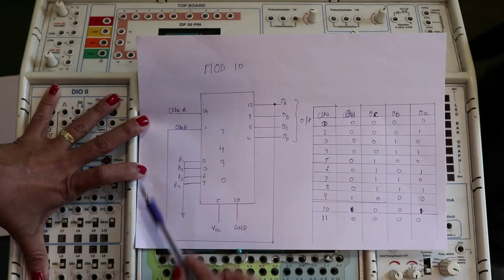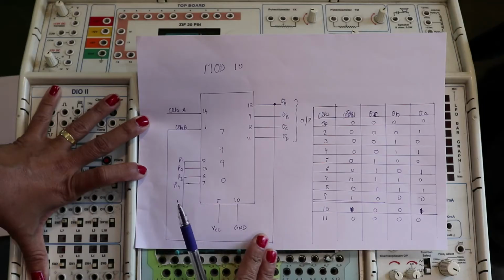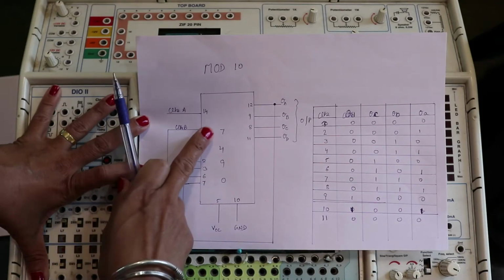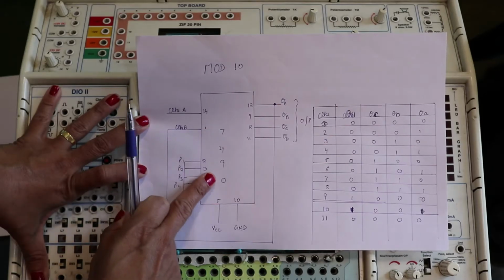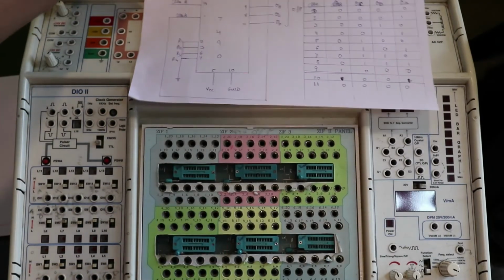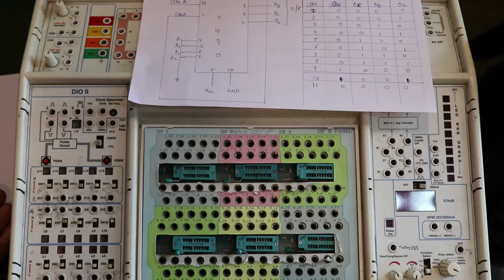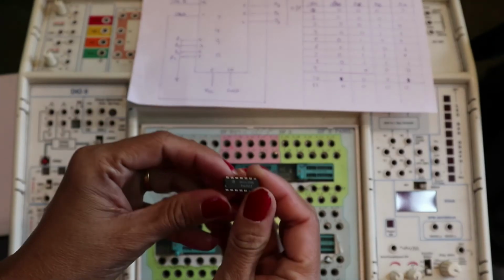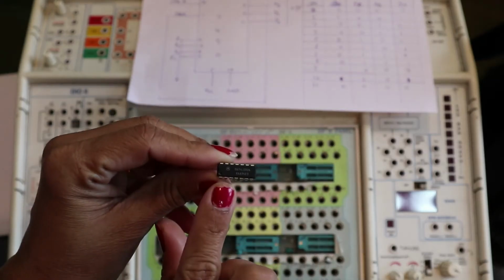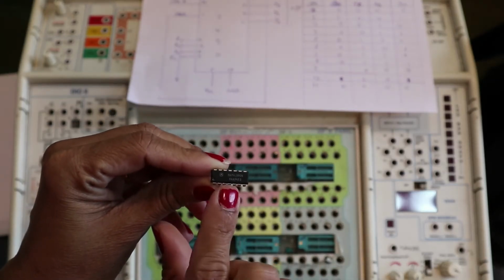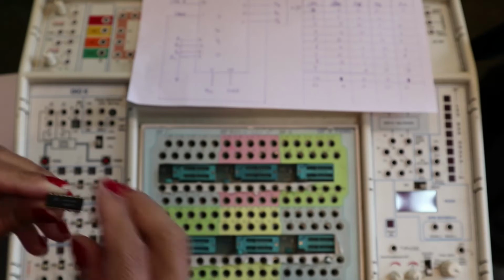Now we are going to connect this circuit diagram on the digital trainer board by using the IC 7490. First we take the 7490 IC, which is the ripple counter IC.